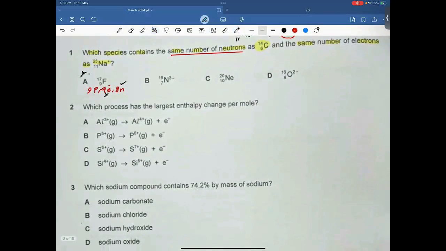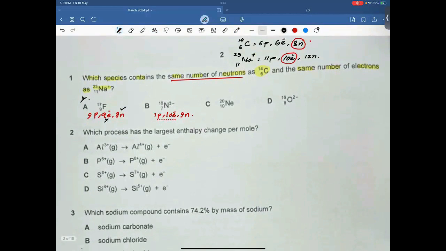Let's talk about option B. We have 7 protons. We have 10 electrons. And we have 16 minus 7, which is going to be 9 neutrons. So we have the same number of electrons, but not neutrons. Obviously, B is also incorrect.